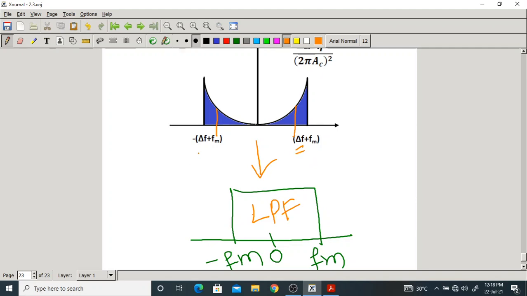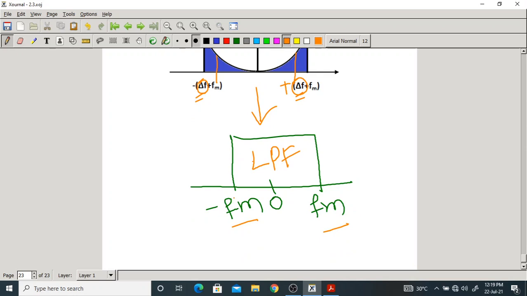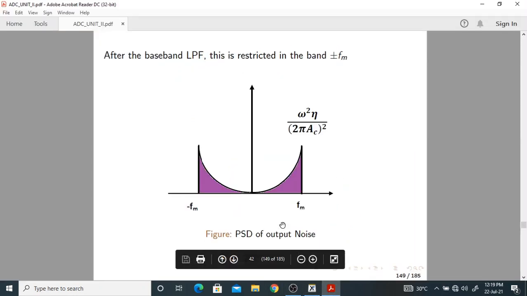This is the delta F component, from minus delta F plus FM to plus delta F plus FM. But we are passing through a low pass filter from minus FM to plus FM, so this extra delta F portion will be eliminated. Finally, this is the output noise PSD.